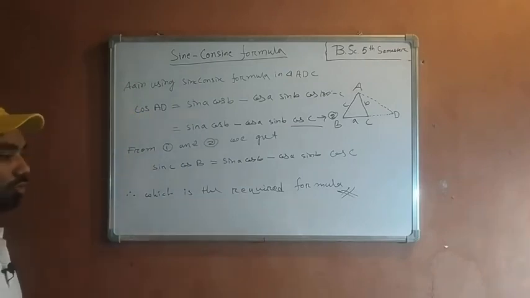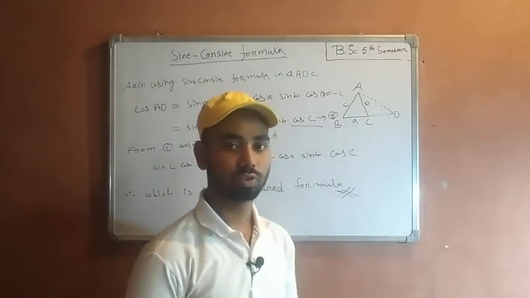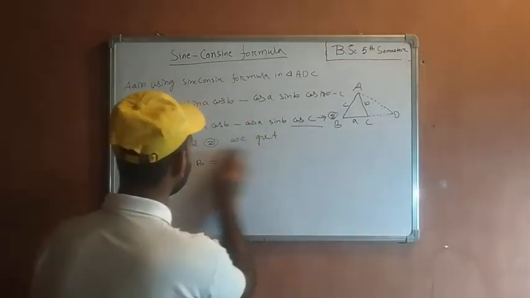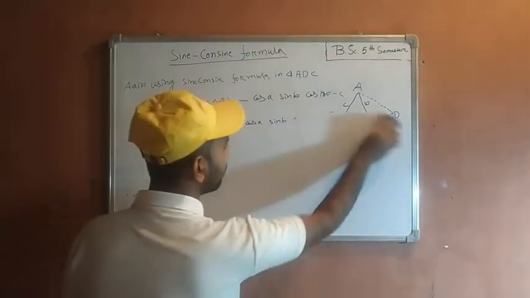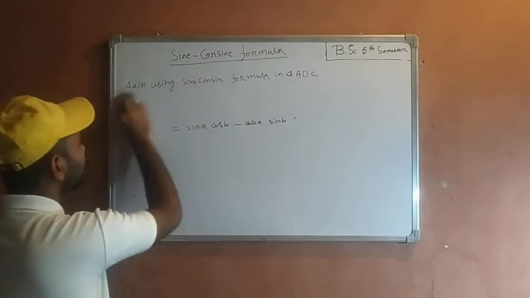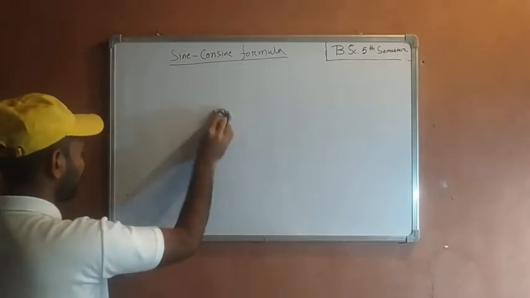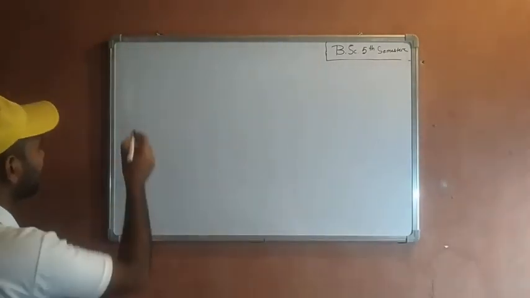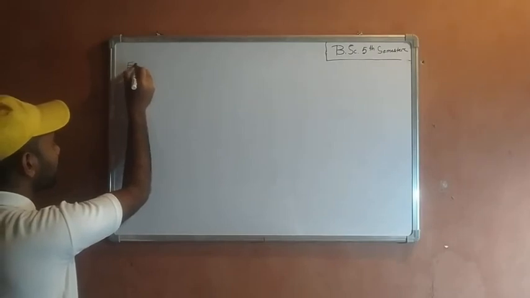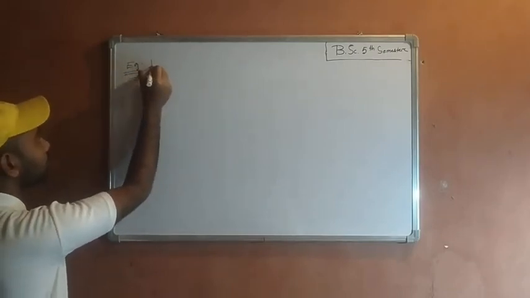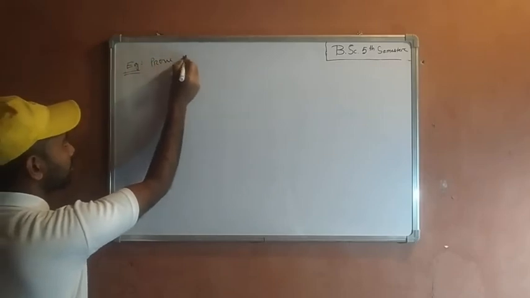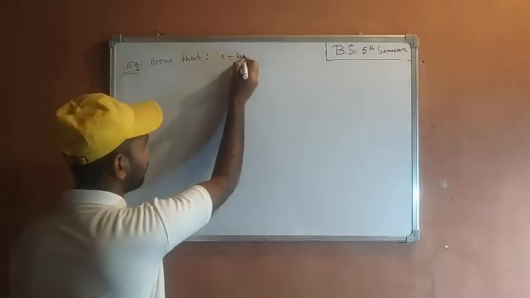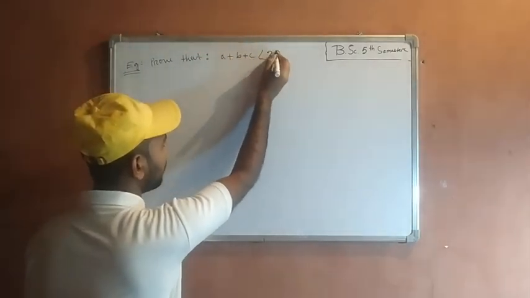So now today I am going to solve one similar problem. See the board. Let's take an example. Prove that a plus b plus c is less than twice pi.